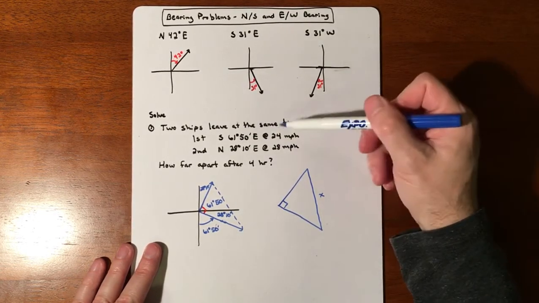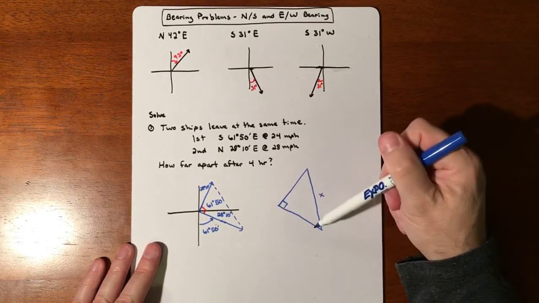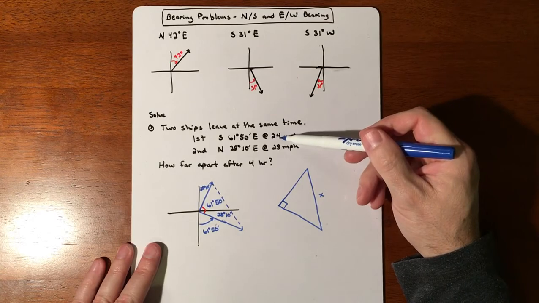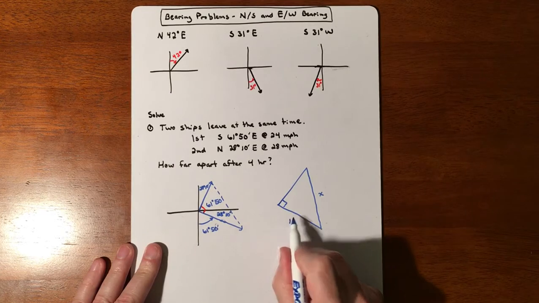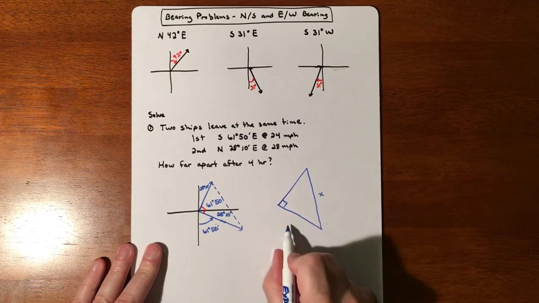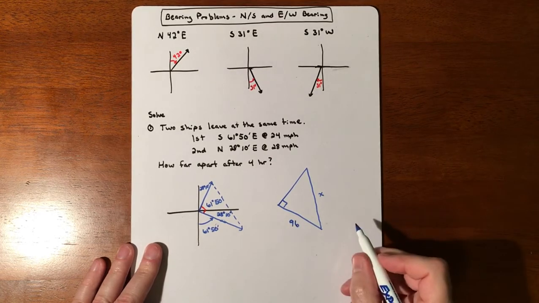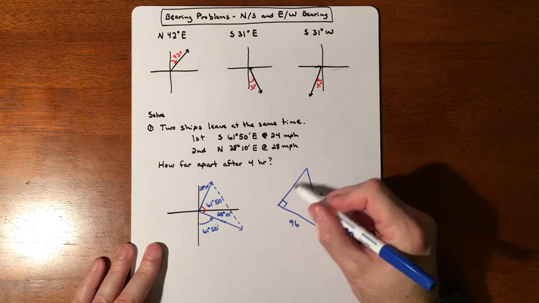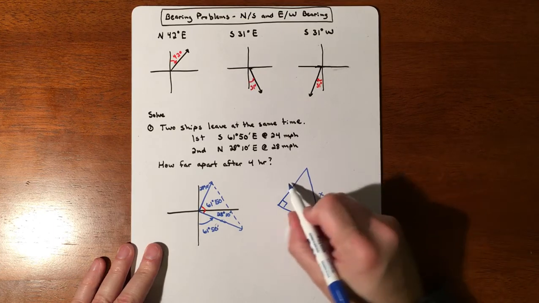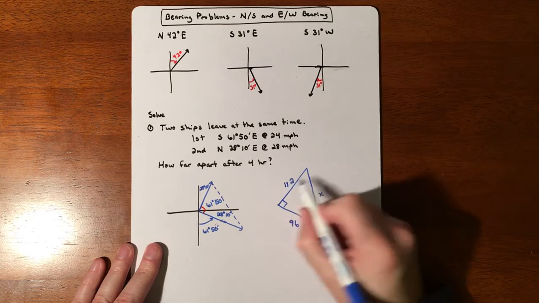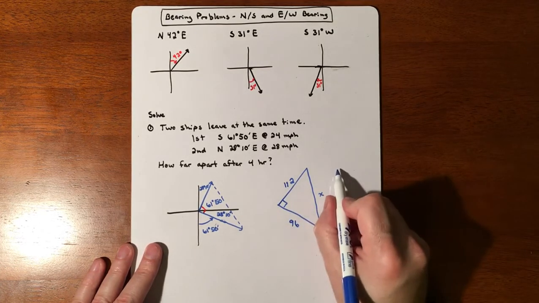Okay, so we're at 4 hours. The first one was heading south at 24 miles per hour, and for 4 hours, 24 miles per hour makes 96. And then if we go north so many degrees east at 28 miles per hour, we're looking at 112. So this is a Pythagorean theorem type of problem.